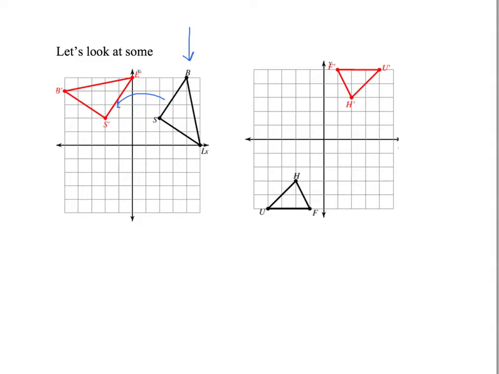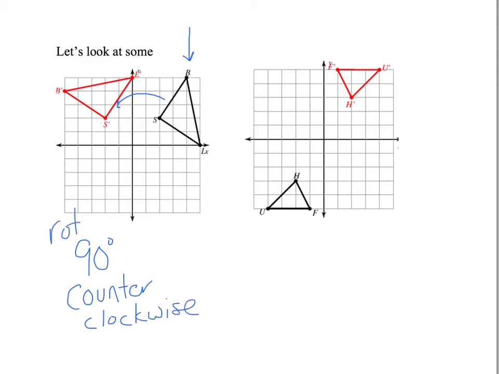I only moved one quadrant, so that was 1/4 turn, which is 90 degrees. We moved to the left, so that was counterclockwise. So this first shape was rotated 90 degrees counterclockwise.